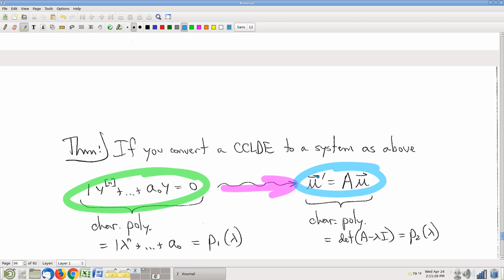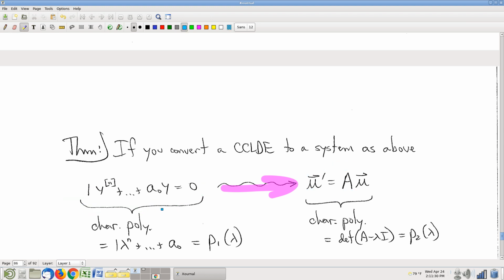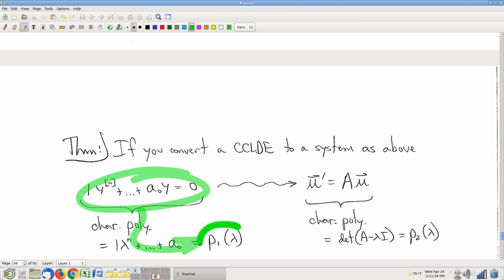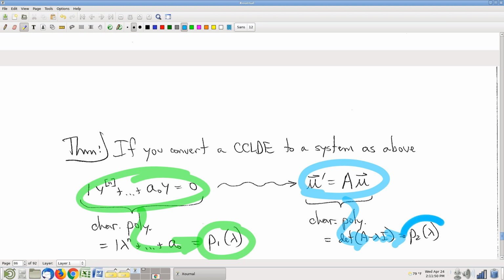Suppose you do this. Suppose you then subsequently write down the characteristic polynomials. Of course, for this, the characteristic polynomial is just a matter of recopying. That characteristic polynomial is easy, right? On the other hand, if you were to take the other system, look at the matrix, subtract lambda I, take the determinant, right? Go through the whole process, you get this other characteristic polynomial.